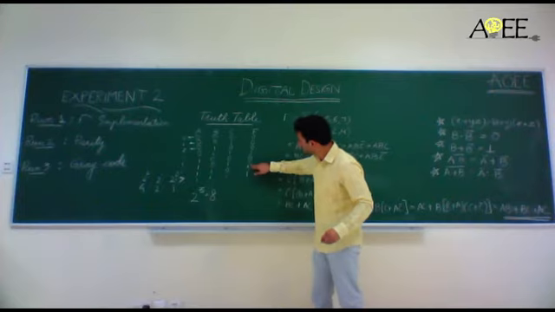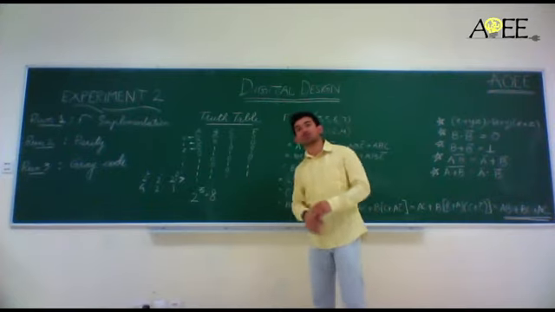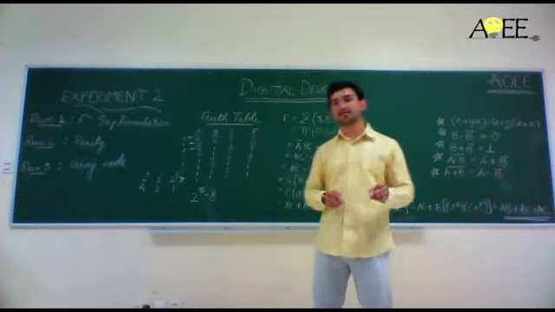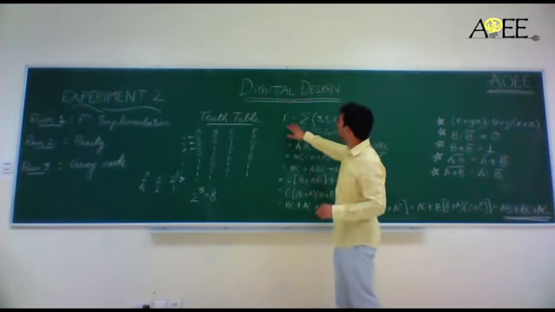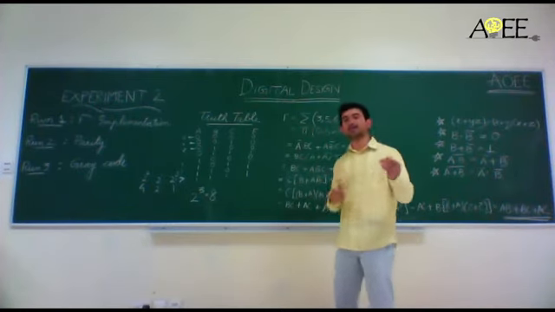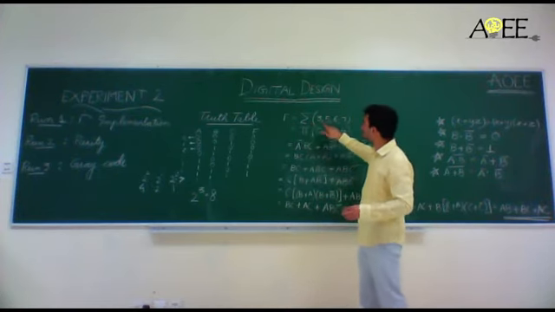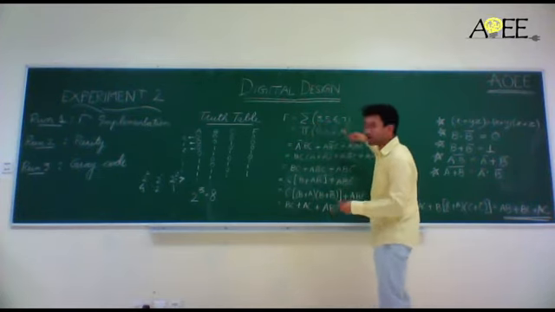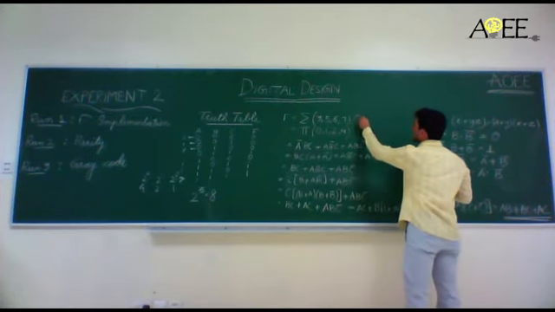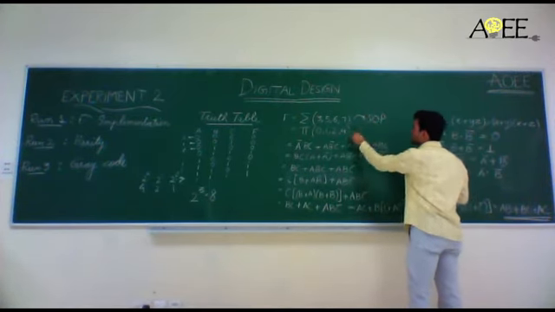This is 5, 6, 7. So there is a concept of minterms in math terms. Minterms we'll explain in detail, but generally any function can be written as sum of product or product of sum. This is known as sum of product form, and this is product of sum.